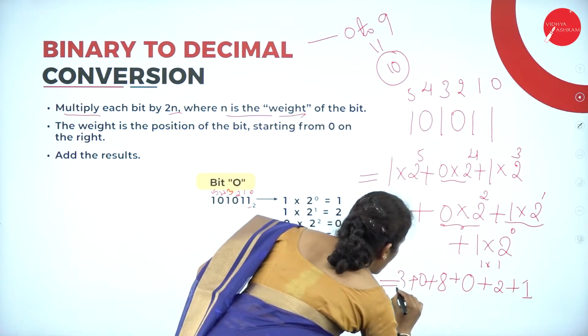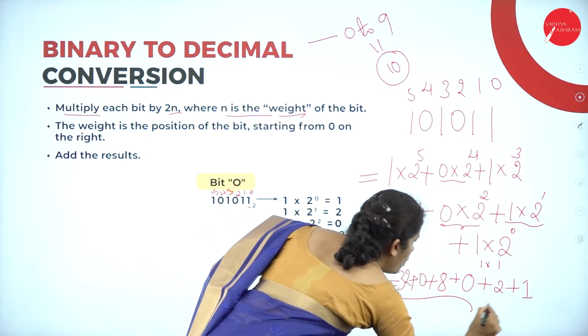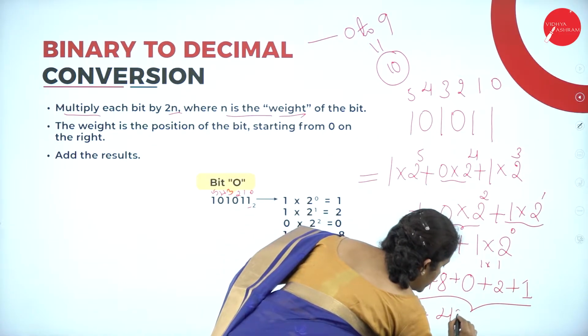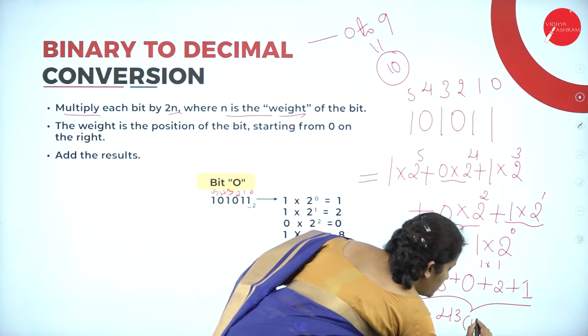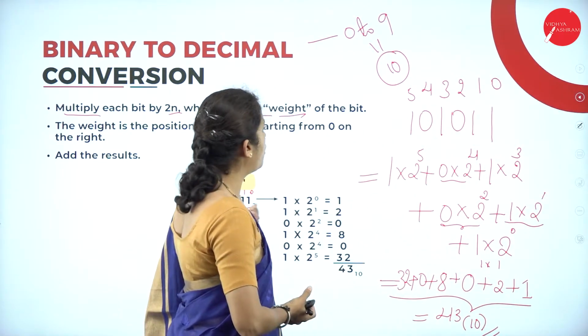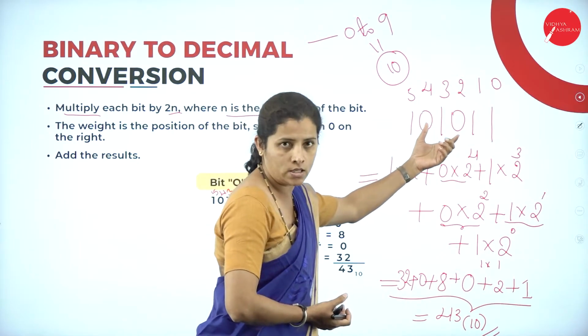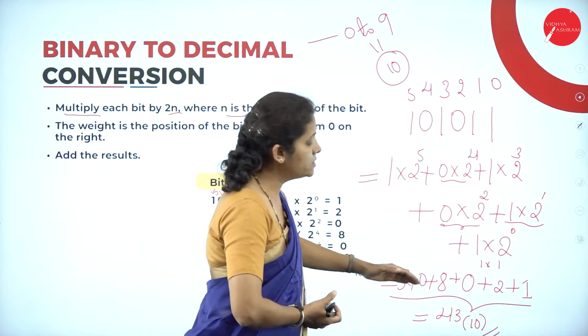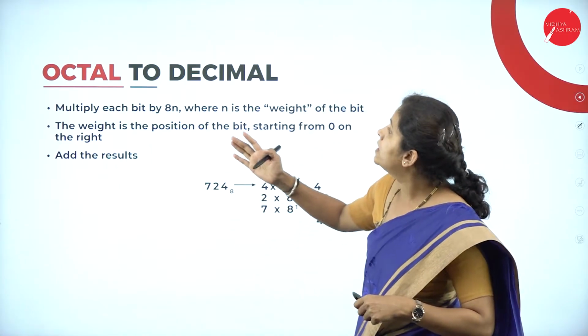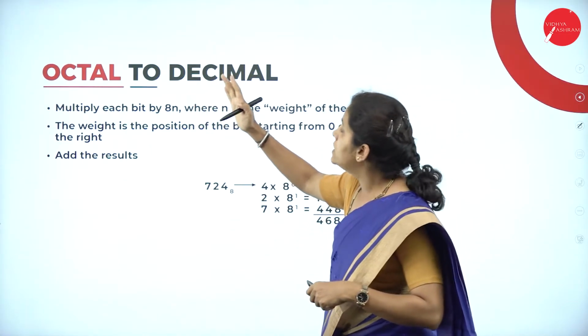Now I add all these values together and I get 43. So the decimal conversion of 101011 is 43.